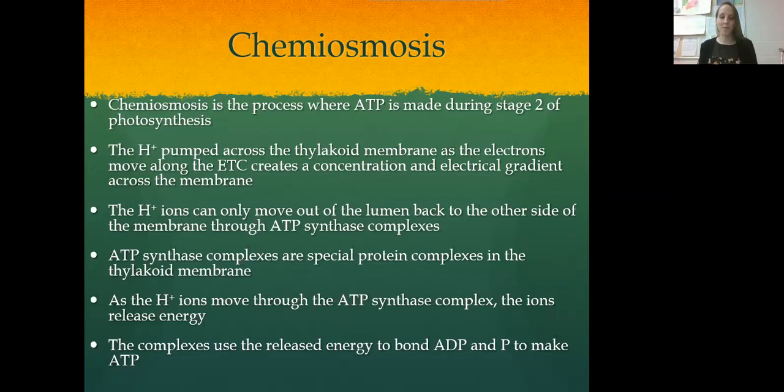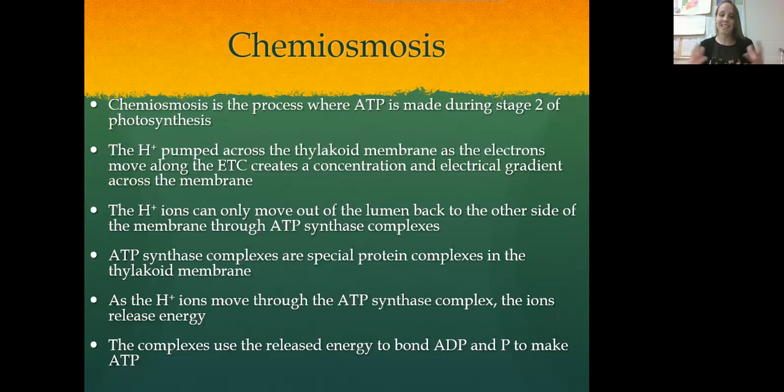So that's where that weird looking molecule comes in. That weird looking molecule is called the ATP synthase complex. The hydrogen ions can diffuse from the lumen, from the inside of the pancake, through that ATP synthase molecule and back out into the stroma. When those hydrogen ions diffuse out, they release some of that stored electrochemical energy.